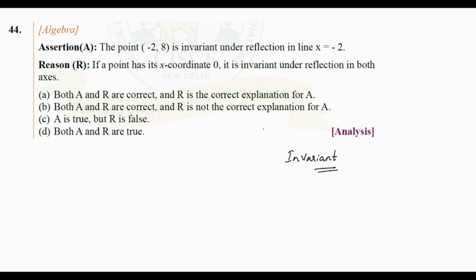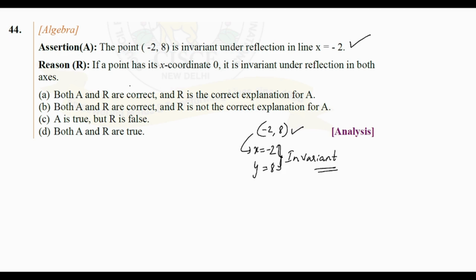So if a point is minus 2 comma 8, I can say this point is invariant in the line x equal to minus 2 or y equal to 8. In both of these lines, this point is invariant. So the question says minus 2 comma 8 is invariant under the reflection of x equal to minus 2. This is absolutely right.